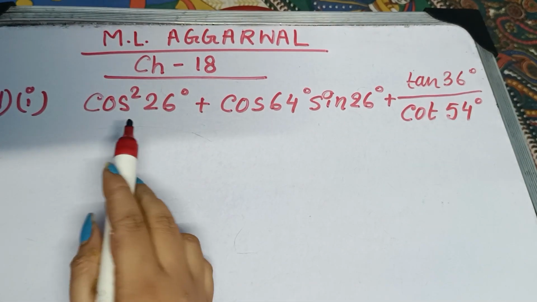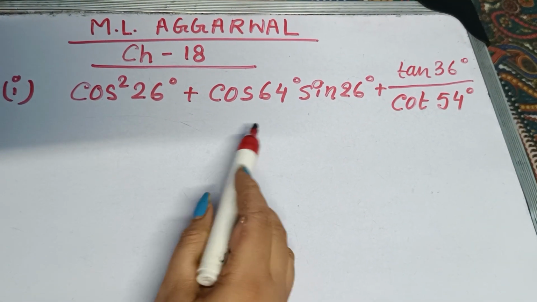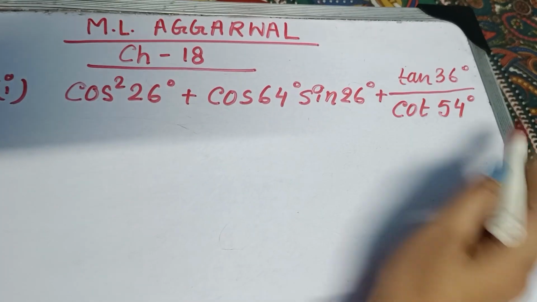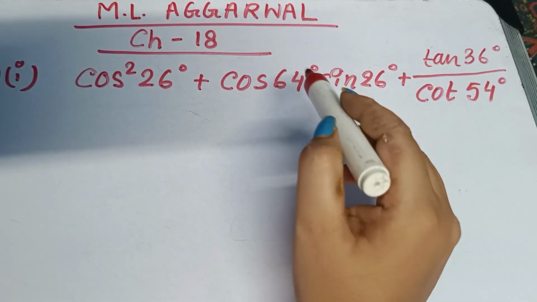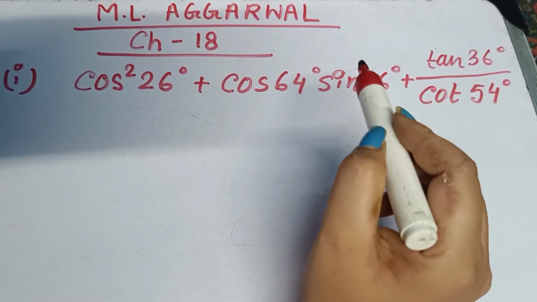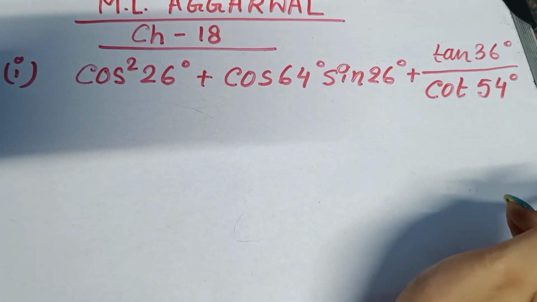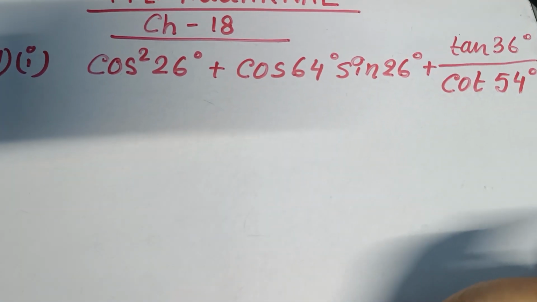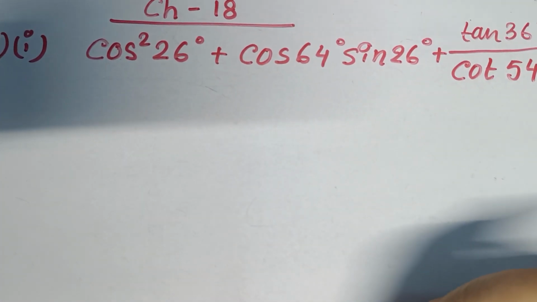Students, here cos square 26 degree is there, cos 64 degree is there, sin 26 degree is there, and this is the tan part. If I do the sum at first for cos and sin, how can I recognize that it is a complementary angle sum?